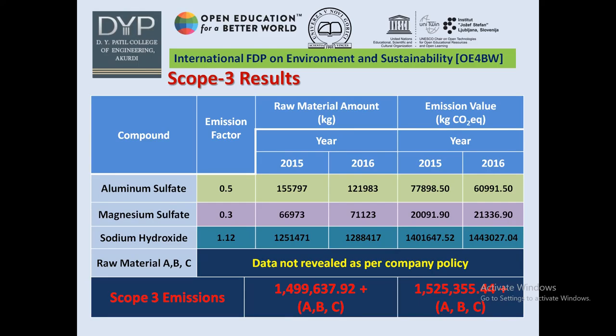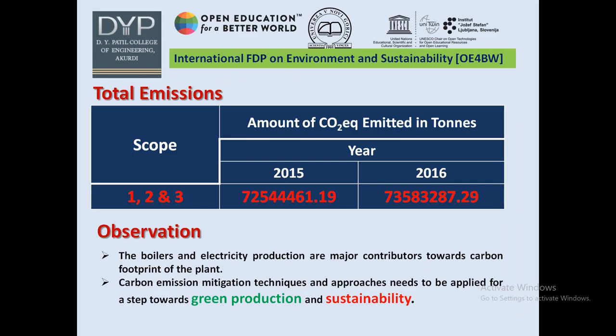In this, major contributor is sodium hydroxide, which is close to 14 lakhs in 2015 as well as 2016, and total comes out to be around 1.5 crore. Scope 3 emissions, the total for 2015 as well as 2016 is close to 1.5 crores.